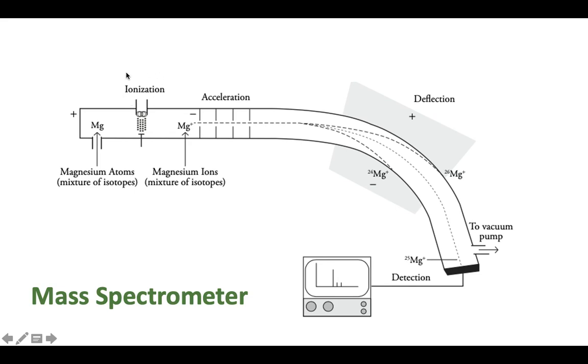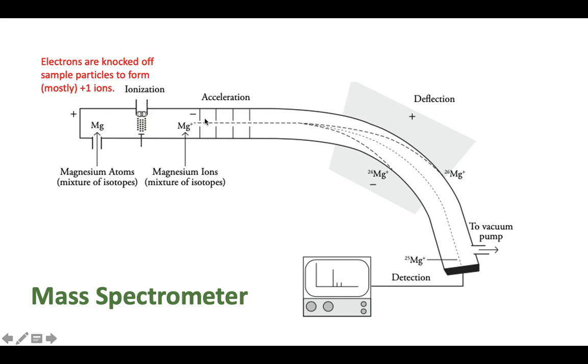We have ionization, where we make this an ion. So you go from a magnesium atom with no charge to a magnesium ion with a +1 charge. Now, I know magnesium ions have +2, but they basically lose 1 electron in this process when it gets ionized. If we take a look here, the electrons are knocked off from the sample particles, and you form mostly +1 ions.